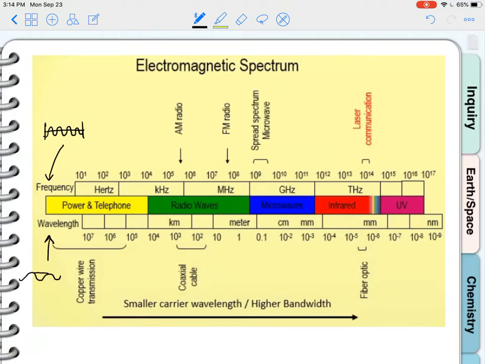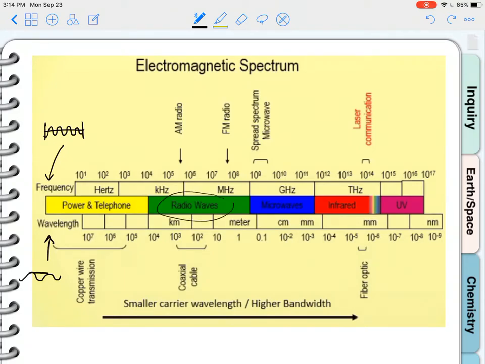So this chart is giving me the frequency and the wavelengths for some common things that we hear about in life. The first one that I want to call your attention to is power and telephone. We all know what our electricity and telephone services are.